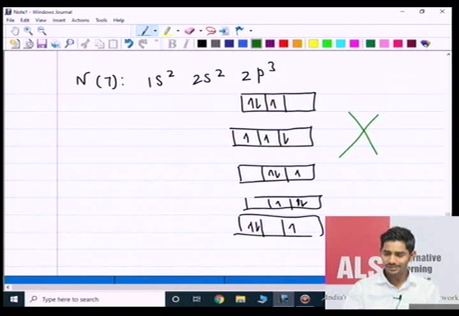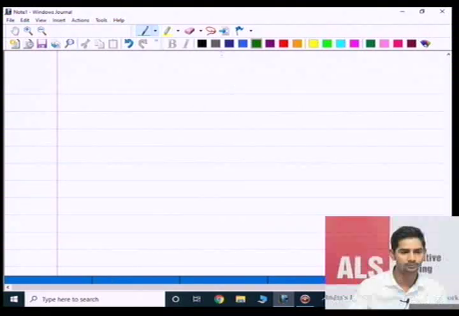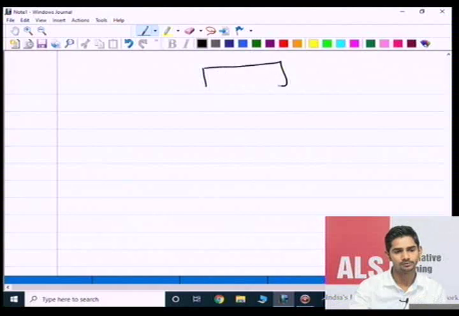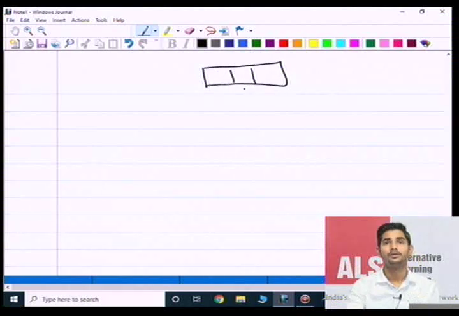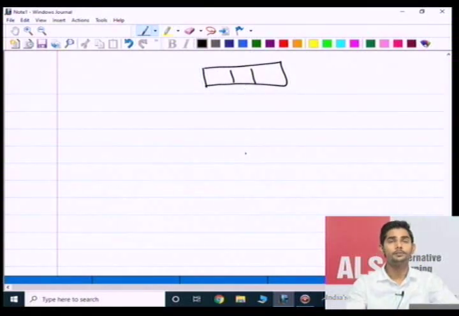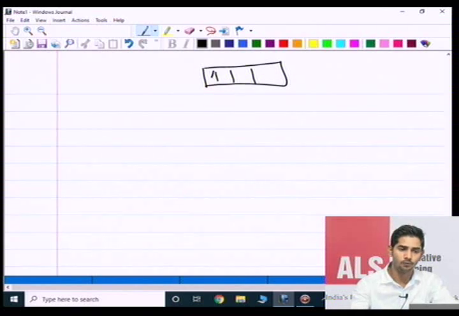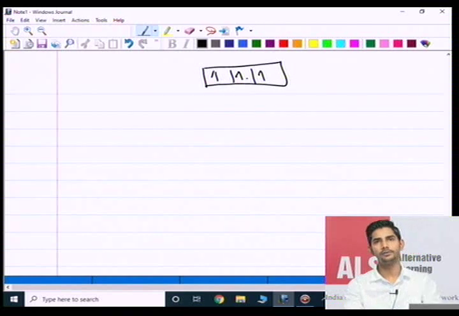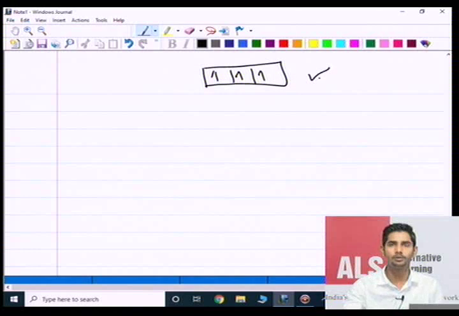Hund said that, see, I'm still talking about the 2p3. First of all, we will fill the orbitals with single electrons having the same spin. So 1, 2, 3. I have to fill only 3 electrons, that's why I'll stop over here. So this is the absolutely right way.